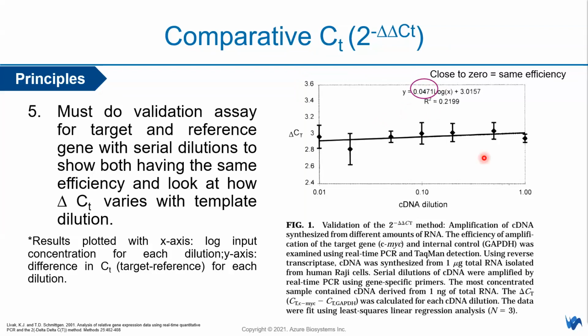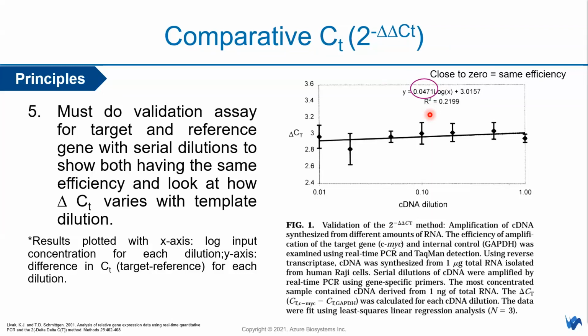Let's say once you plot this graph you realize that the slope is more than 0.1, let's say 0.15 or 0.2. The assumption will not hold anymore. That means both your target gene and reference gene do not have similar efficiencies. With that, you either need to do your data analysis via standard curve, meaning relative quantification with standard curve, or absolute quantification with standard curve.